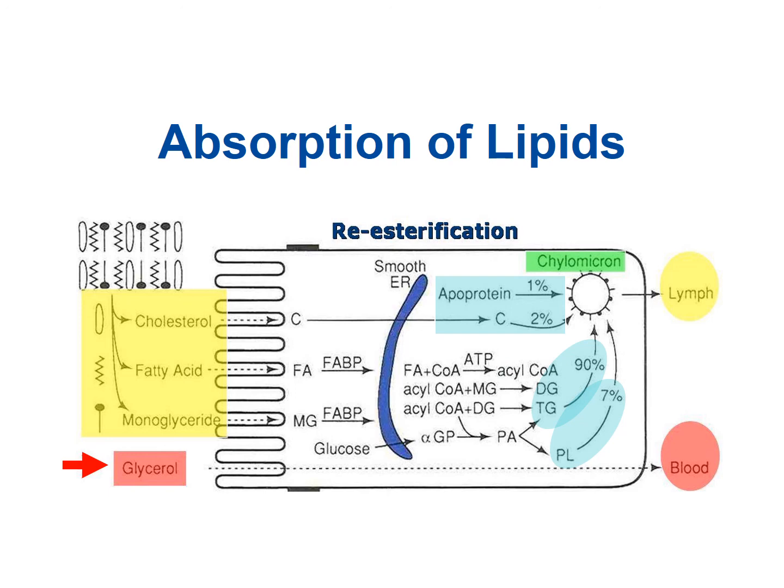And then phospholipids, 7%. All of them form chylomicron, and the chylomicron basically gets into the lacteal or the lymphatic vessel. Glycerol, on the other hand, goes straight to the blood.